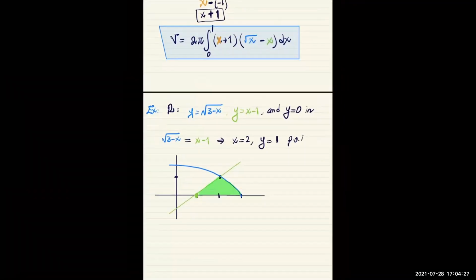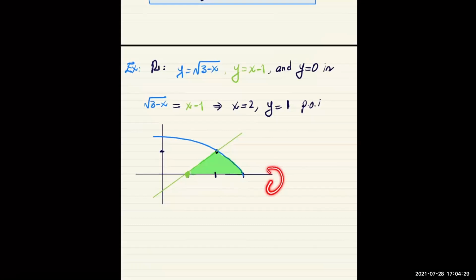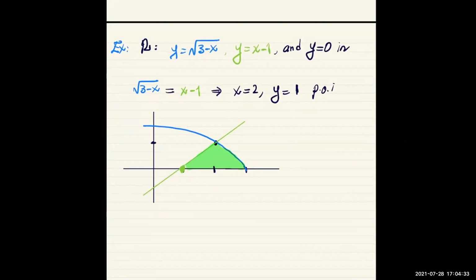If this region is revolved around, let's just think about it for a second. If you're finding area, the region is not always going to have a consistent top and bottom. We did discuss that yesterday.